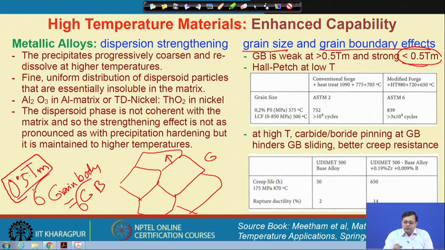Now, the grain boundaries are usually weak at a temperature above 0.5 Tm and very strong below 0.5 Tm. It is simply said that a finer microstructure will have a better strengthening effect at lower temperature, and a coarser microstructure has a positive effect as a high temperature material at higher temperature.